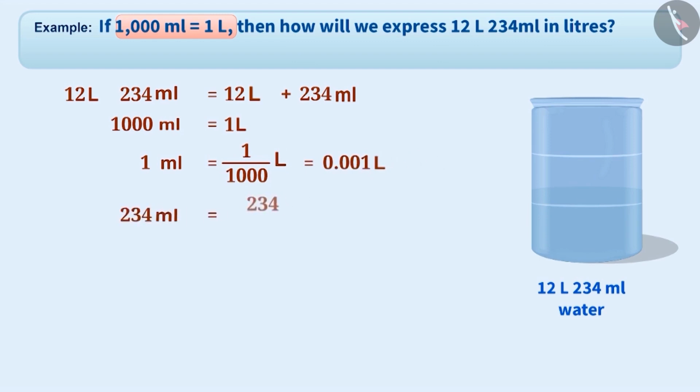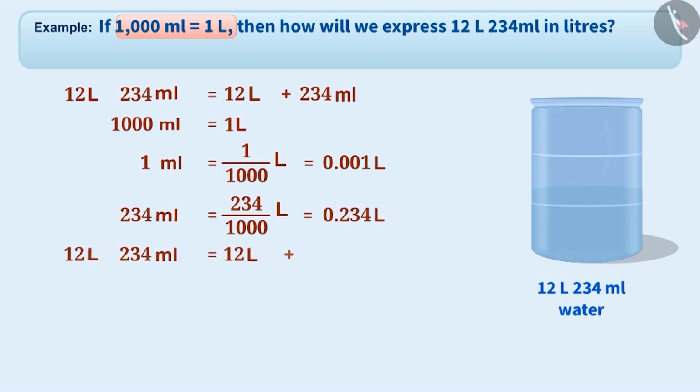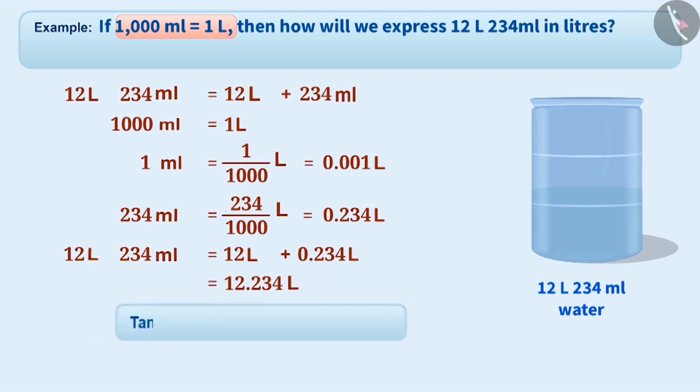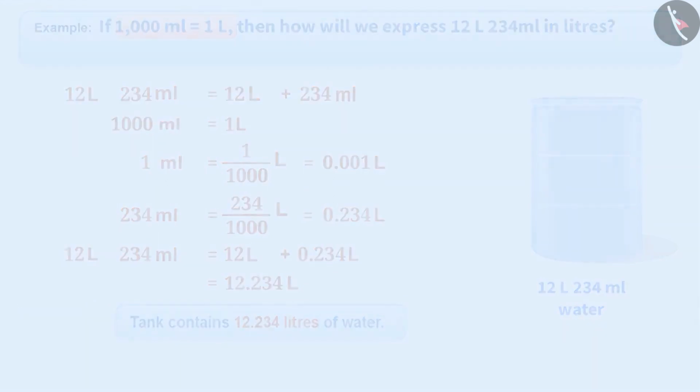Similarly, 234 milliliters is equal to 234 divided by 1000, which is 0.234 liters. Therefore, 12 liters 234 milliliters is equal to 12 liters plus 0.234 liters, that is 12.234 liters. Thus, we say that the tank contains 12.234 liters of water.